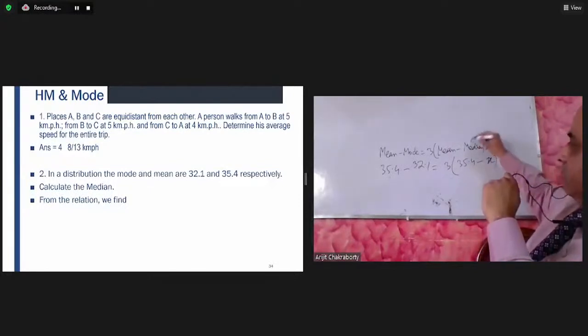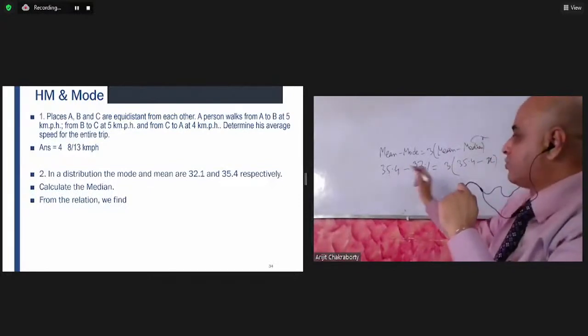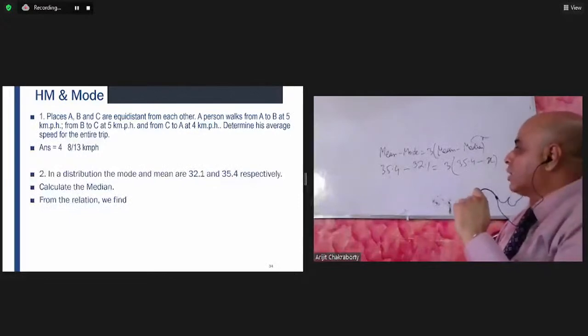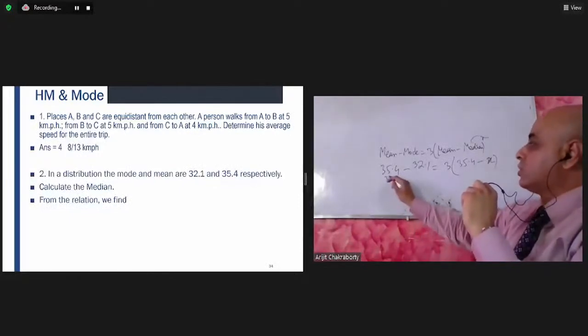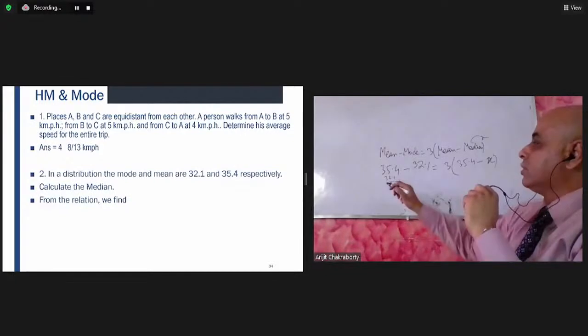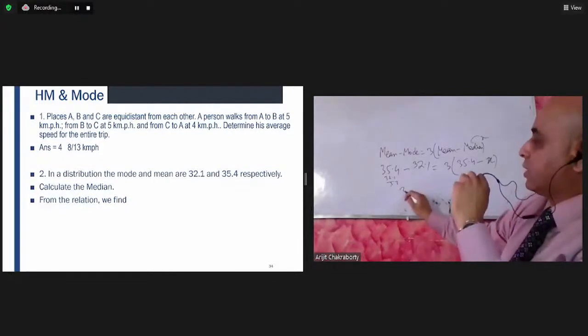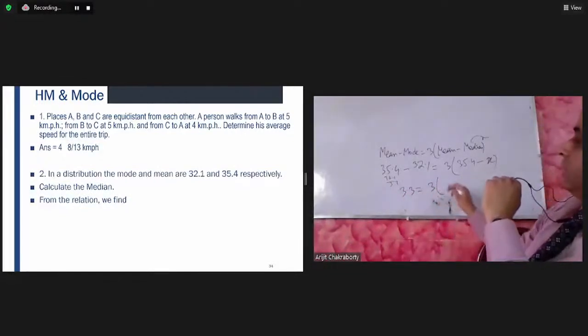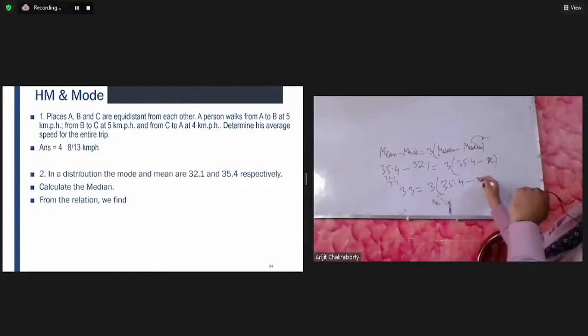Let us take median as x. So 35.4 minus 32.1, that is how much? 3.3. So I'm getting 3.3 equal to 3 into 35.4 minus x.